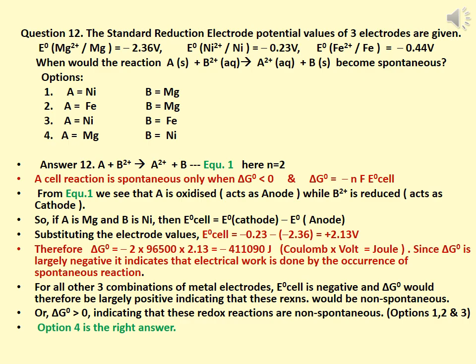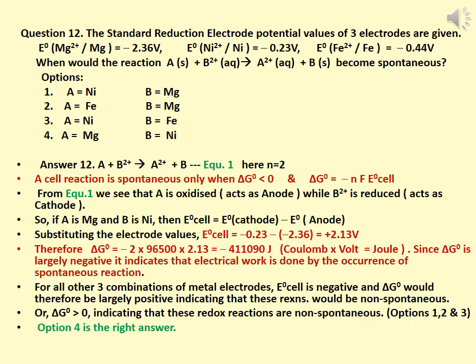For a spontaneous reaction, E naught cell value would be positive, and the change in free energy delta G should be negative, or less than 0. Now, if you see the reaction here, N is equal to 2, the number of electrons involved.